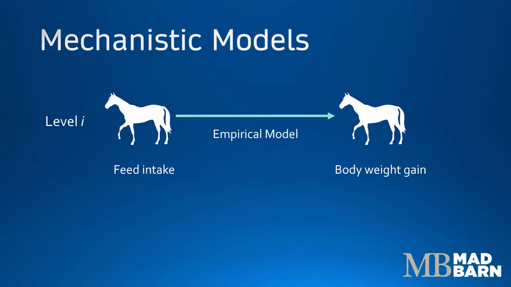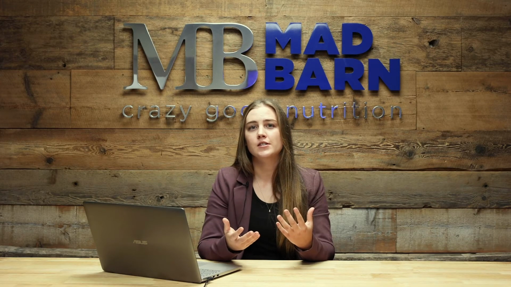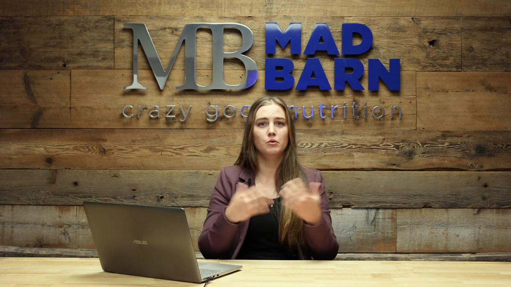So we can still start with feed intake or horse eating food, but in a mechanistic model, we will track that food that's ingested and how that flows into digested nutrients, how those digested nutrients flow into metabolite pools like your amino acids, and how those metabolite pools flow into the body composition of the animal. So how do those metabolized amino acids contribute to body protein stores? And then how the body composition contributes to overall growth or body weight gain. So depending on changes in body protein and body fat, that horse will grow.